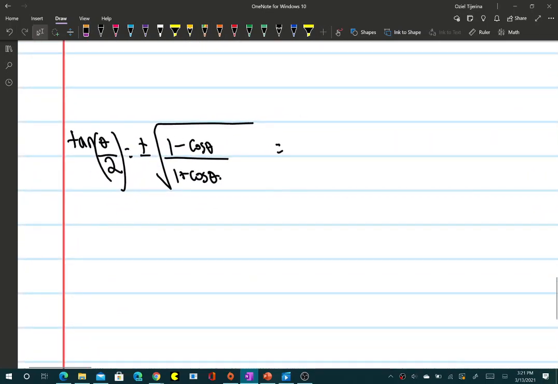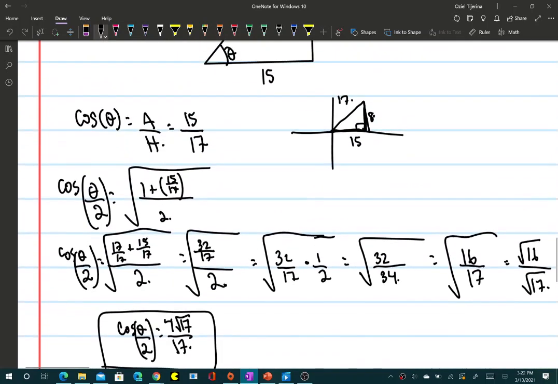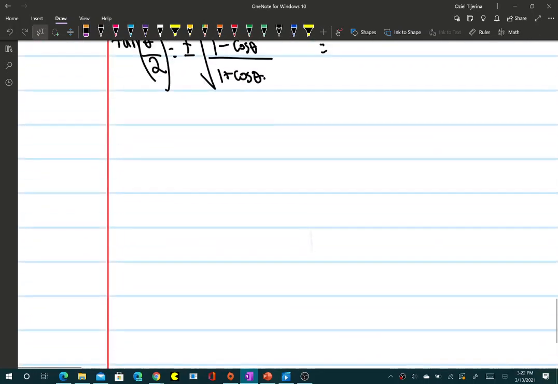So cosine theta, again, since it's the same triangle, it's 15 over 17. And also, since it's in quadrant 1, because we have the x value positive and the y value positive, so the tan theta is y over x, so we have 15 over 17, meaning that y is greater than 0, x is greater than 0.